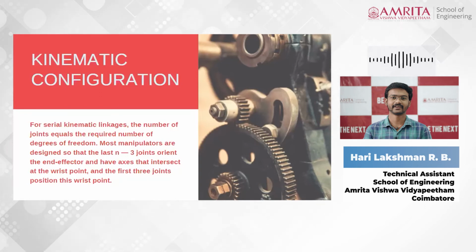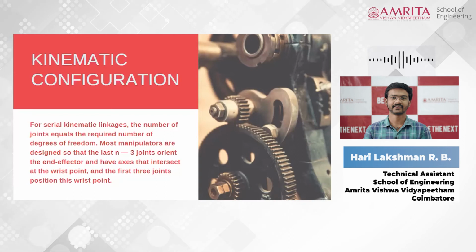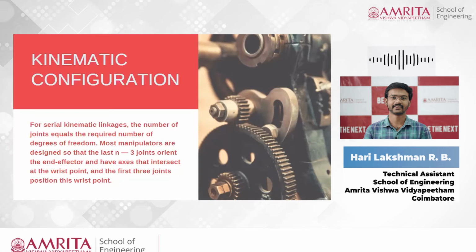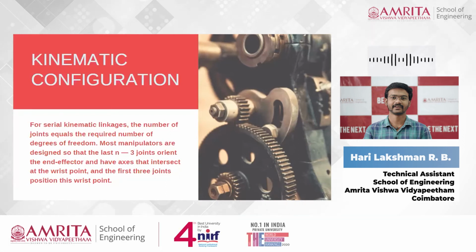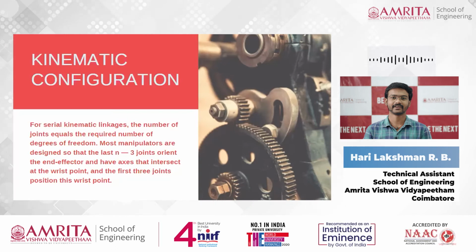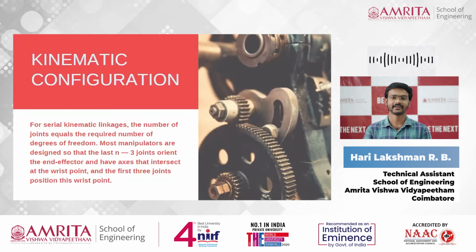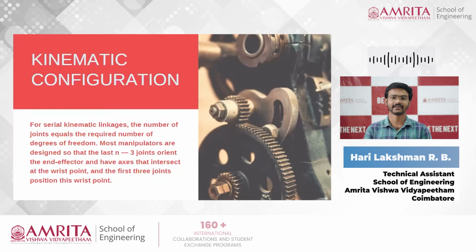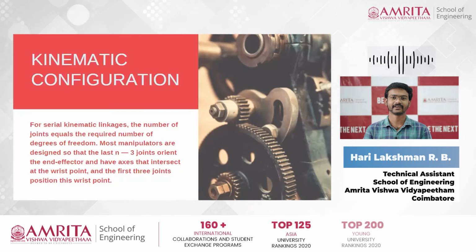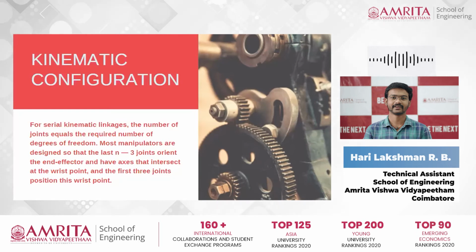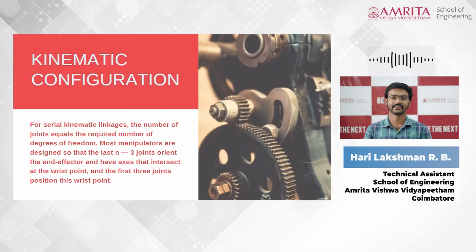For serial kinematic linkages, the number of joints equals the required number of degrees of freedom. It doesn't matter how big the kinematic linkage is; we determine the degrees of freedom based upon the number of joints, so they are directly proportional to each other.